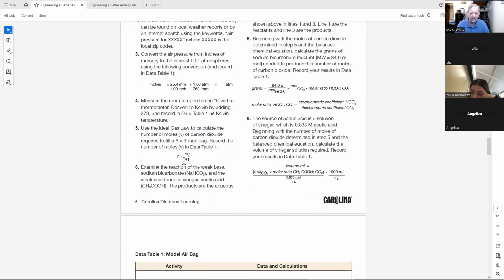And you have the pressure, but you've converted to atmosphere. The volume, and I'll show you this in a second, is 1.2 liters. R is 0.0821. And temperature is degrees C plus 273.